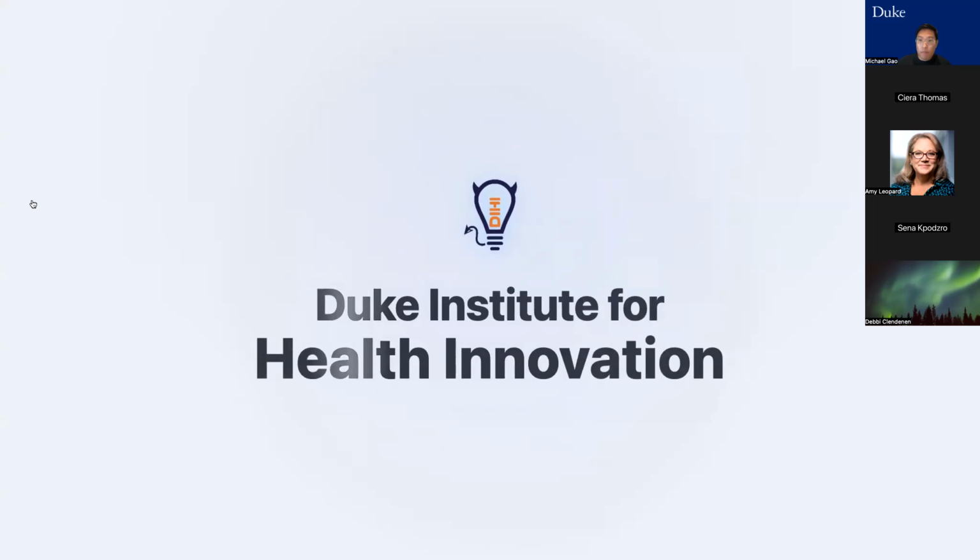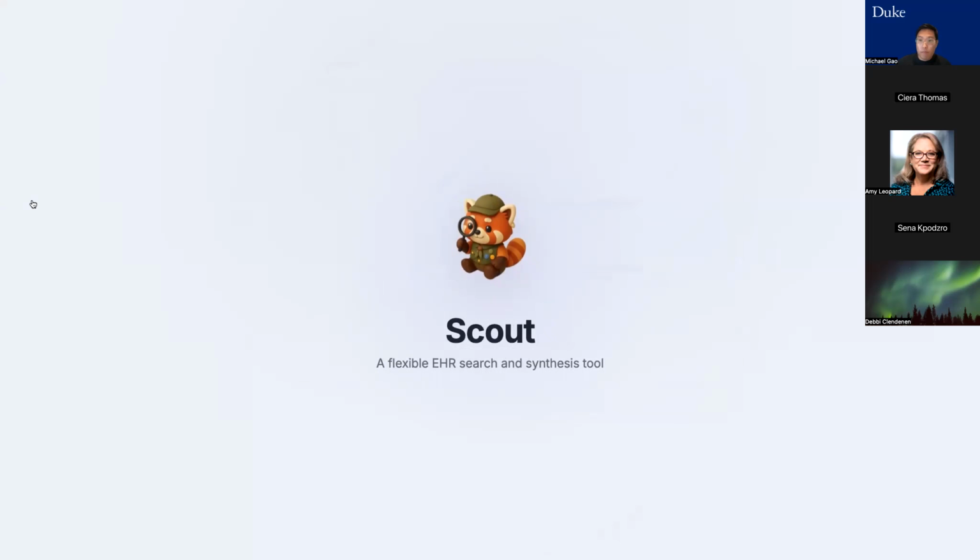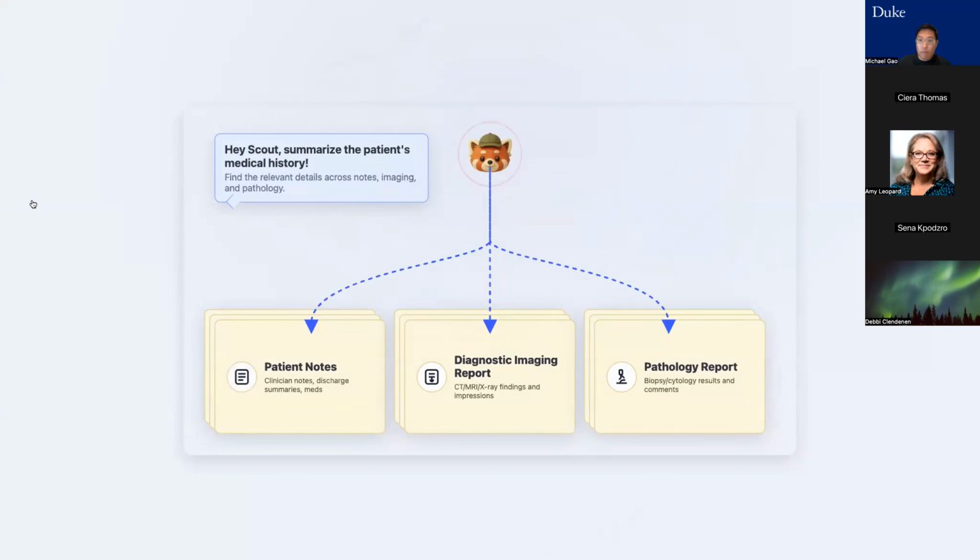Yes. Okay. Like I mentioned, Scout is an EHR search and synthesis tool that we developed in-house here at the Duke Institute for Health Innovation. The idea is that it can take free text prompts. You can think of it like ChatGPT or other large language models, and you can ask questions about the electronic health record.